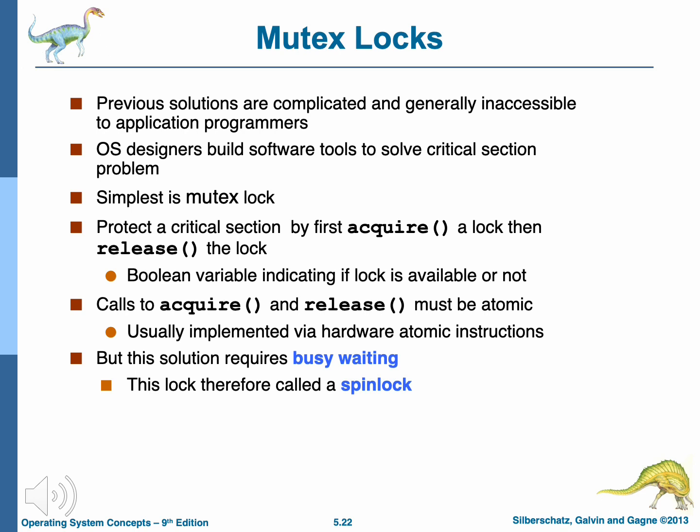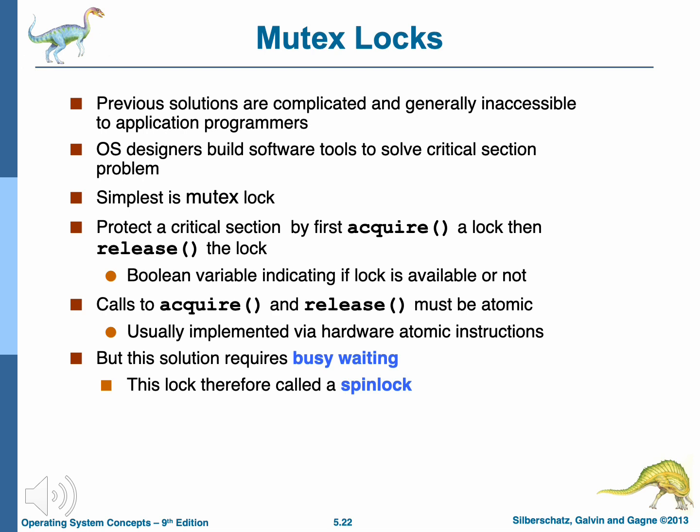The main disadvantage of the implementation given here is that it requires busy waiting. While a process is in its critical section, any other process that tries to enter its critical section must loop continuously in the call to acquire. In fact, this type of mutex lock is also called a spin lock because the process spins while waiting for the lock to become available.